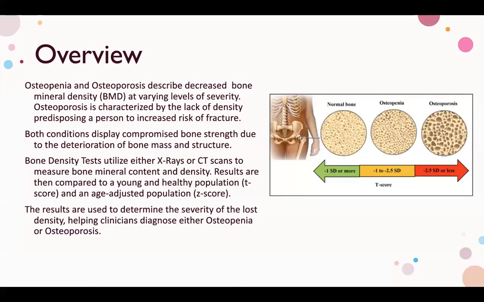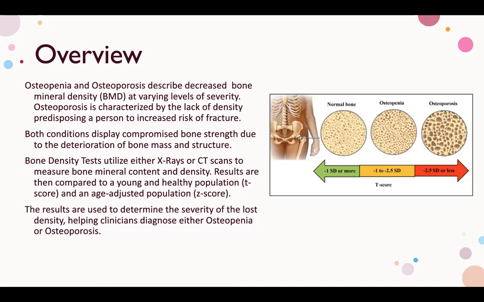As a quick overview for these two types of diseases, osteopenia and osteoporosis are both varying levels of decreased density in people's bones. Osteoporosis is more characterized by this lack of density causing frequent fractures, consistent fractures, stress fractures, and both of them display compromised bone strength due to the loss of mass and structure from a decrease in bone density.